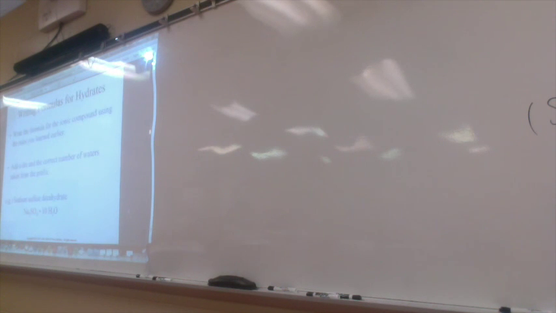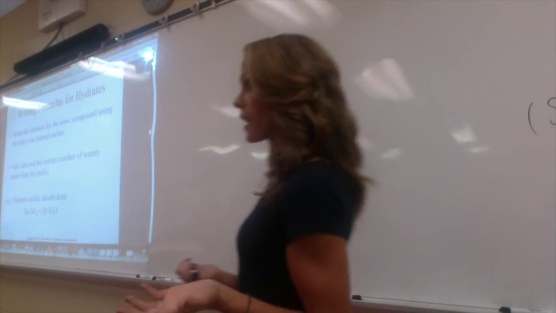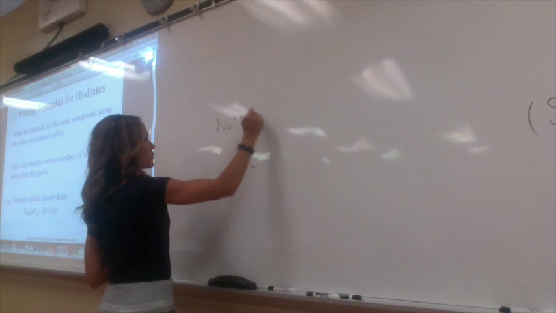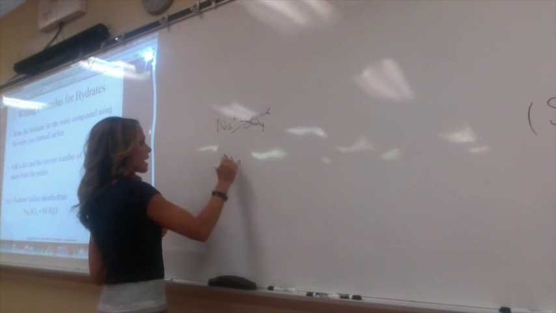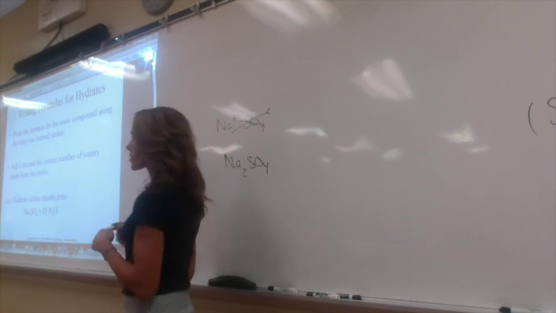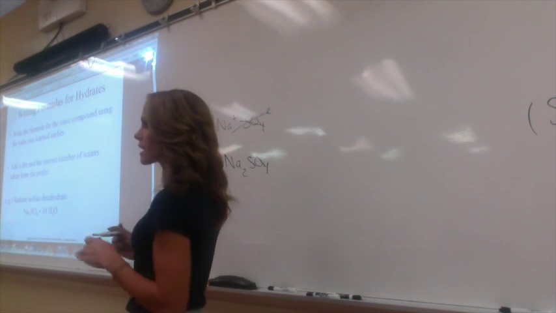So writing formulas for hydrates, you use all the rules that you learned earlier for ionic compounds, and then you add a dot and the correct number of waters taken from the prefix. So for example, sodium sulfate, we already know sodium sulfate, Na+, sulfate, SO4 minus 2, crisscross, Na2SO4. But then it says decahydrate. So sodium sulfate decahydrate.